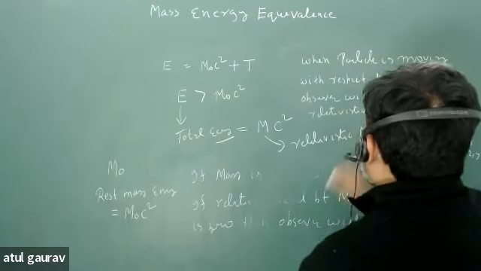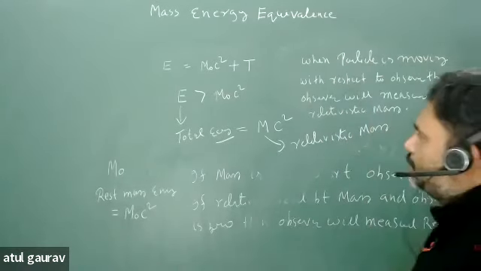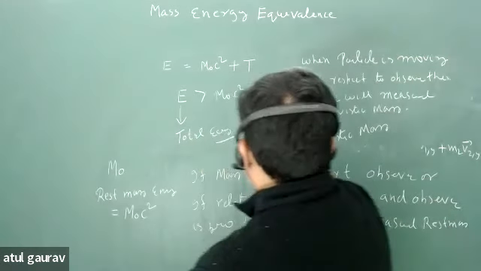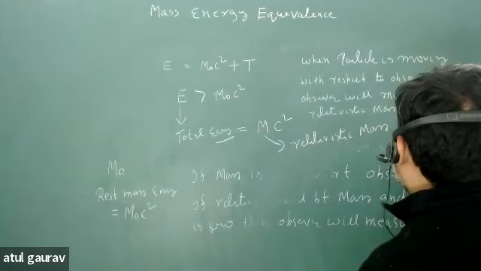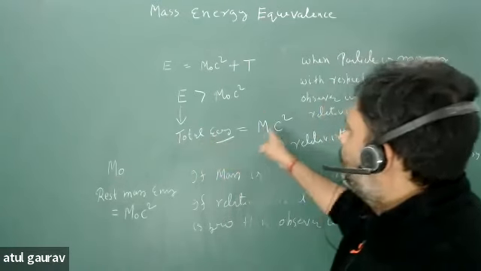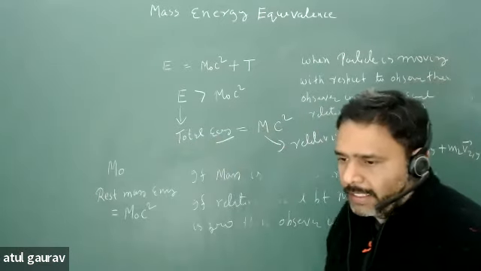That relativistic mass you can denote with m. And now the total energy is nothing but relativistic mass into c square.